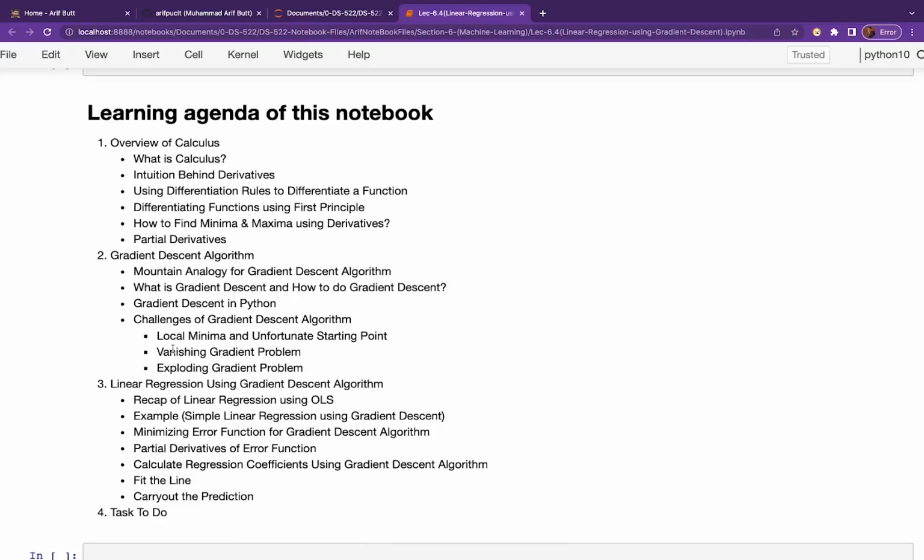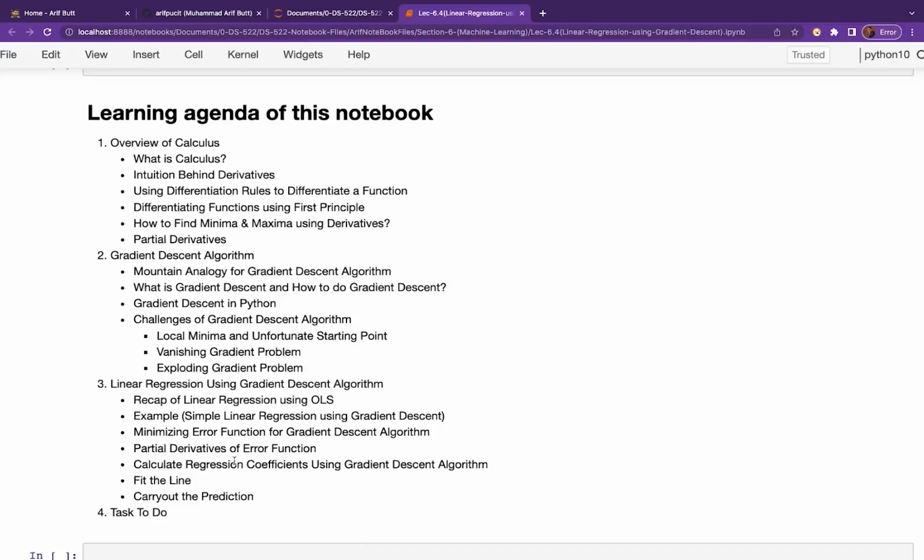And we will explore the challenges of gradient descent algorithm, like the local minima and unfortunate starting point, vanishing gradient problem, and exploding gradient problem. Finally, we will take a toy dataset and will perform linear regression on it using gradient descent algorithm.